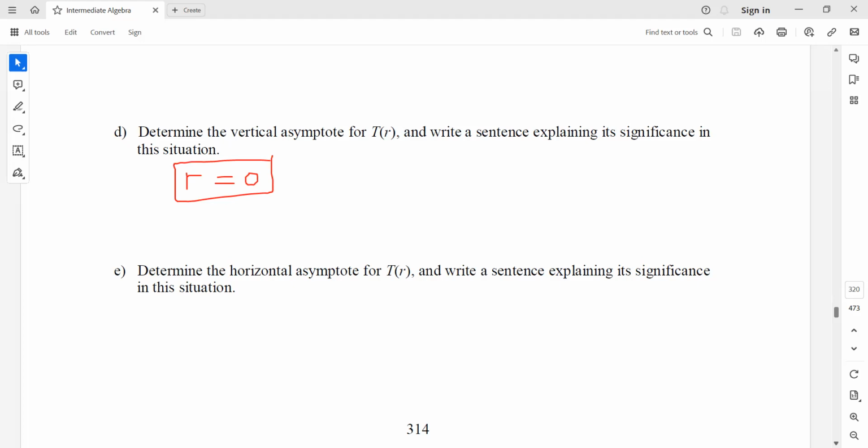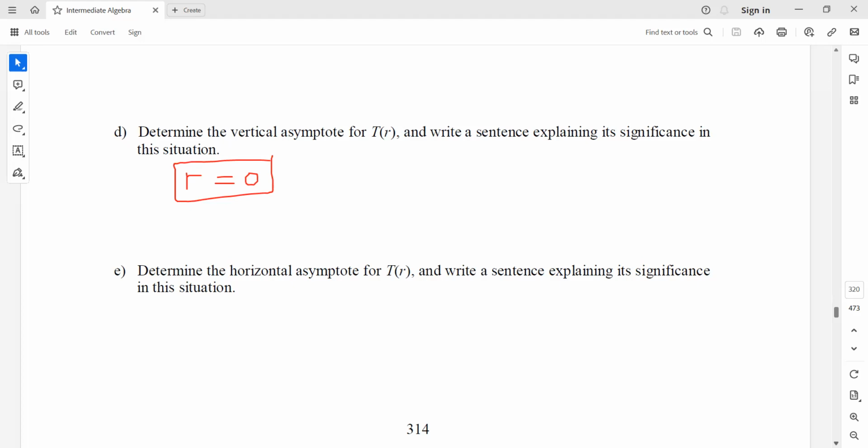So what would it be? As the rate gets closer to 0, the time increases, right? Now, if the rate actually equals 0, you will never get to Las Vegas. And it doesn't make sense, right? And that is why this is an asymptote.